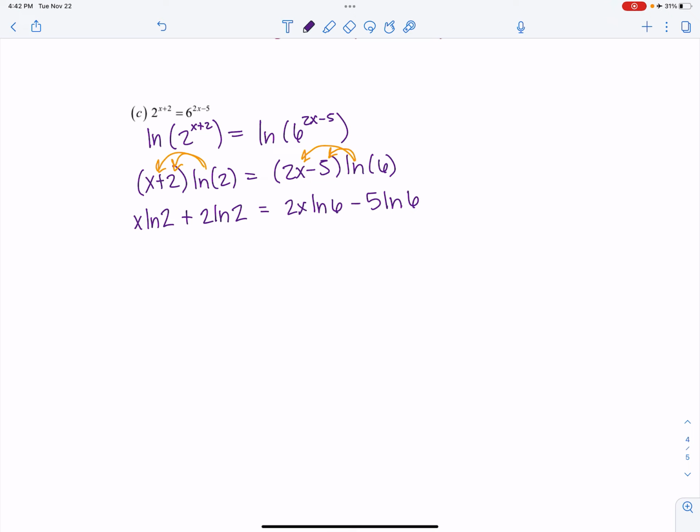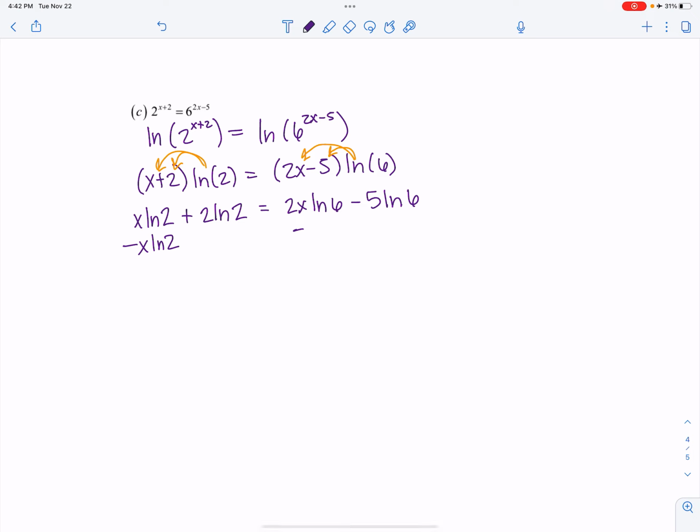Now we can use our inverse operations to move things around. That way we can get everything with an x on one side and everything with no x's on the other side. So let's move this. We'll subtract x natural log of 2.